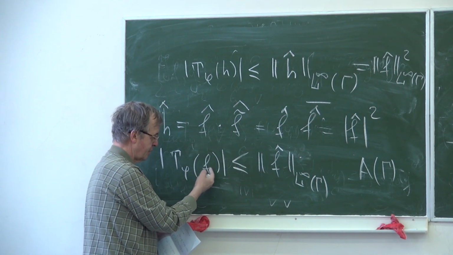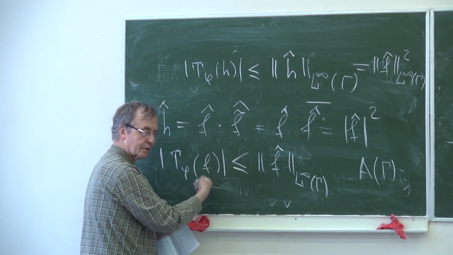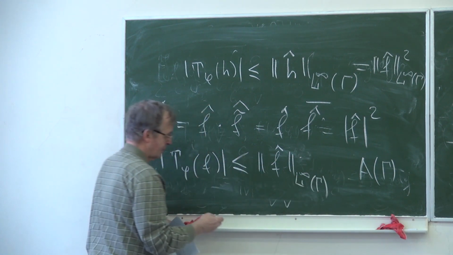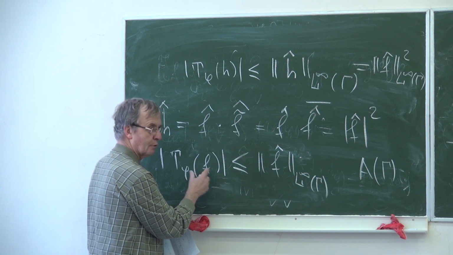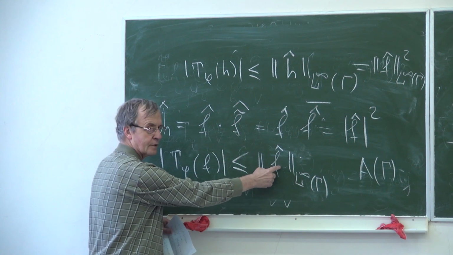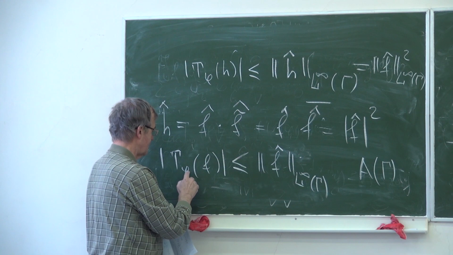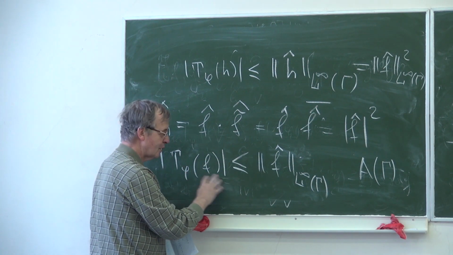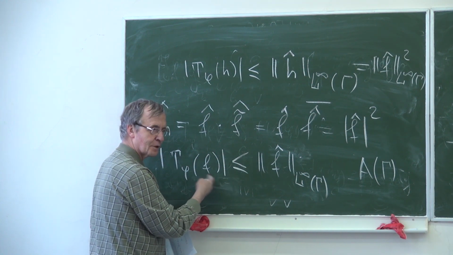So it seems that there may be some ambiguity in this transfer of T to this space, but in fact not, because this inequality shows that even if there is no uniqueness theorem, this thing depends only on the Fourier transform of f. So if this is 0, then in any case T phi of f is 0. So no ambiguity in the definition.